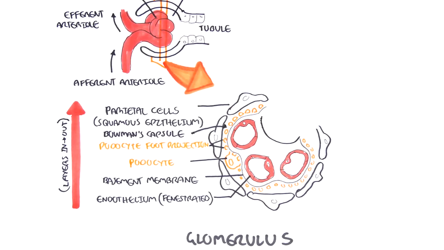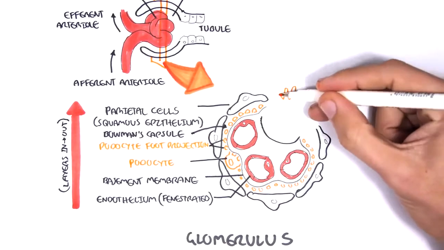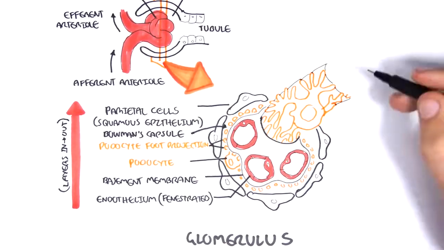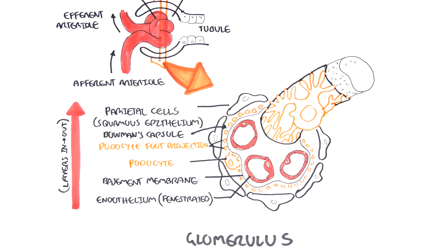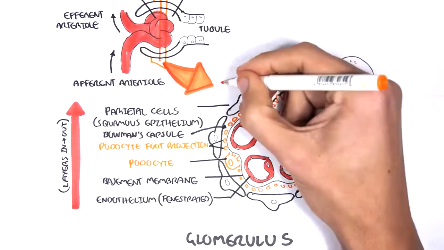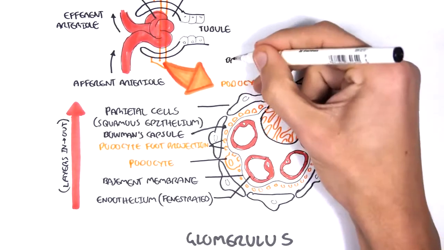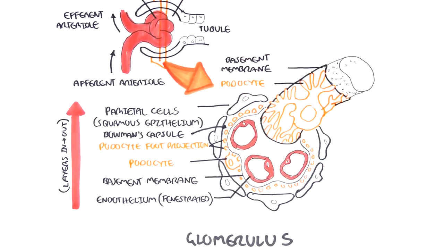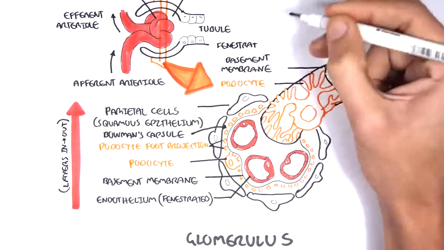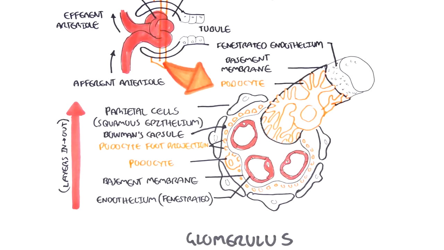the glomerulus. Let us pull one of these vessels out, and as you can see, the podocytes are surrounding it with the foot projections. Then below it is the glomerular basement membrane, and then the fenestrated endothelium, the most inner layer.